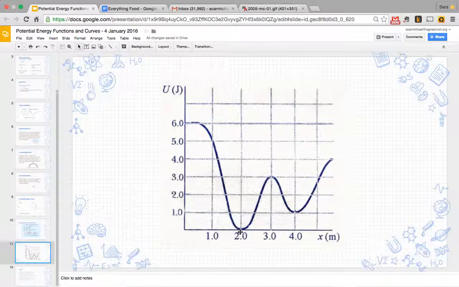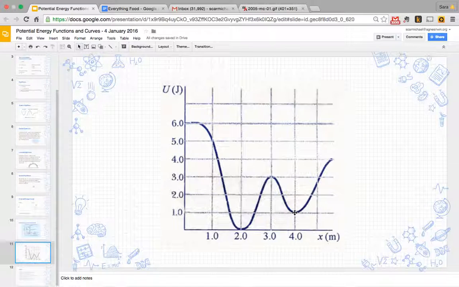And that's okay, because really all that matters about potential energy isn't what it is, it's how it changes. So to go from x equals 4 to x equals 0 means that our potential energy increases by 5 joules. It doesn't really matter where we put the horizontal axis. What really matters is the difference in potential energies between those two places.